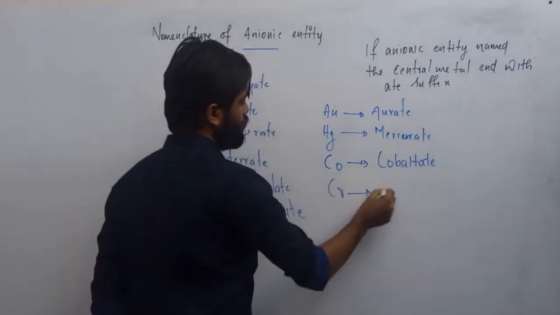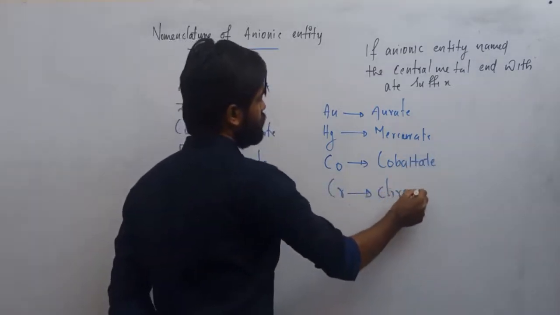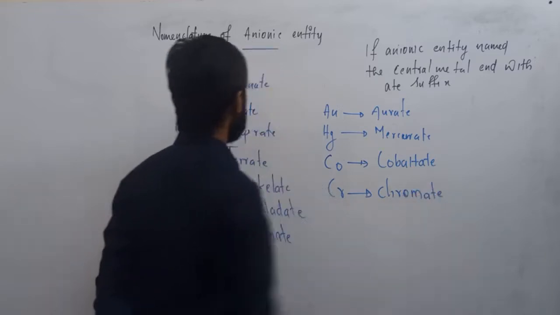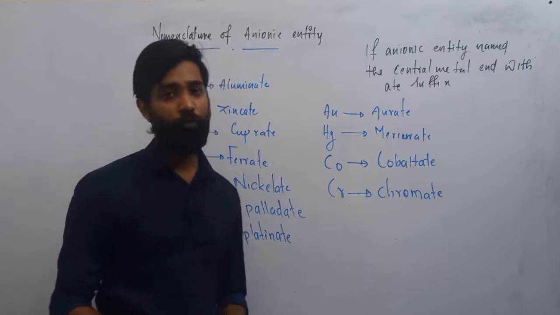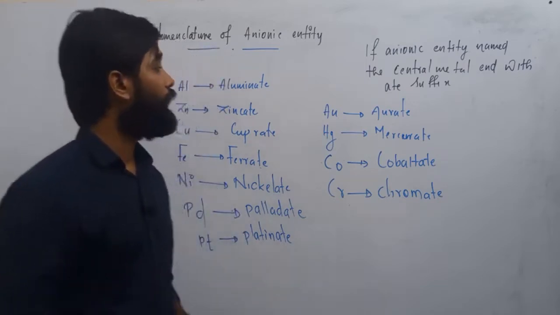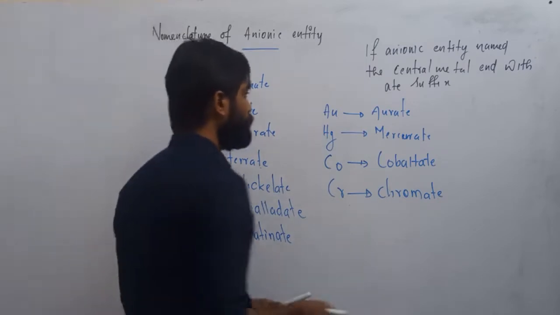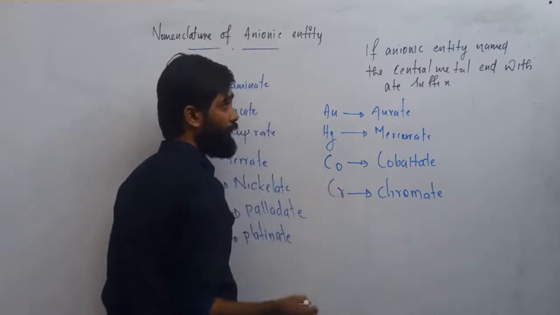Chromium, chromate. Etc. These are the different names of your central metal if it is in an anionic form, if it is existing in an anionic entity.